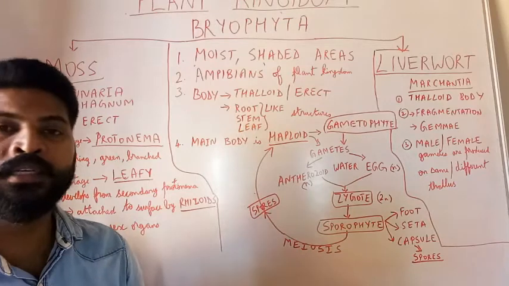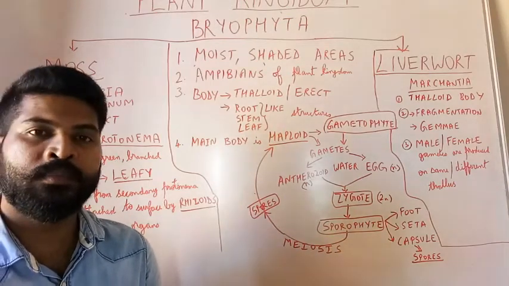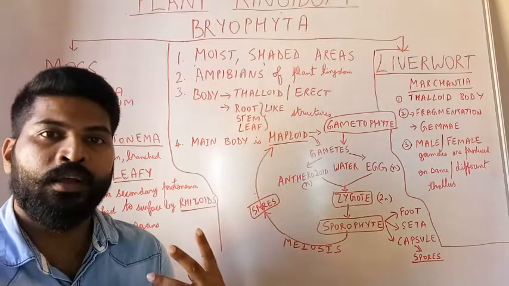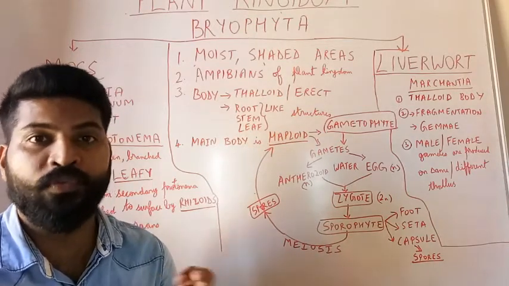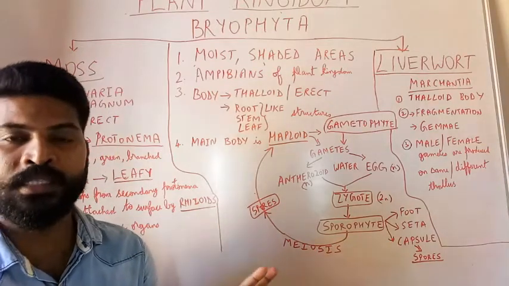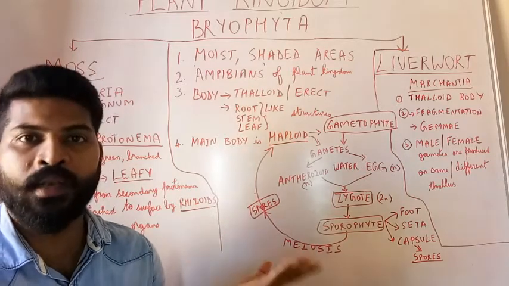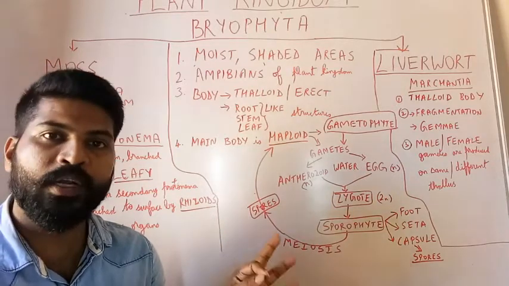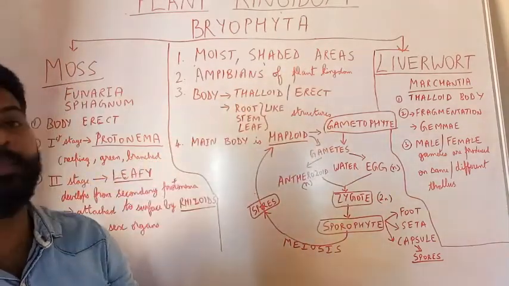These are called the amphibians of the plant kingdom because they complete their reproductive cycle with the help of water. For the fusion of the male and female gametes, water is very essential, but they grow on land. For reproduction, water is required, so they are called amphibians of the plant kingdom.